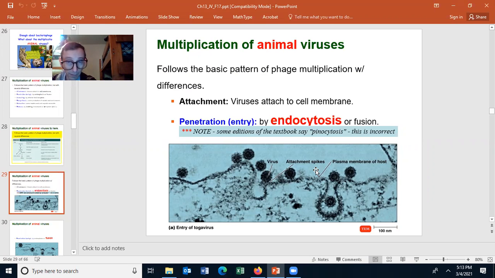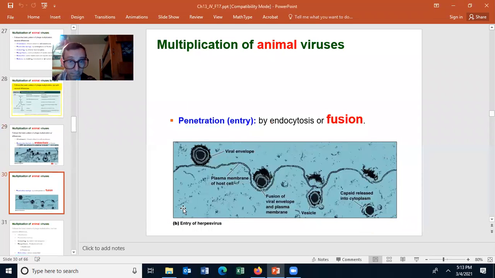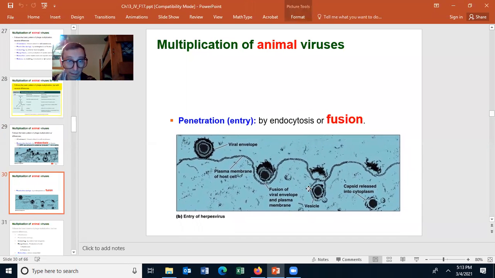This picture is showing you endocytosis, and earlier editions of our textbook called it pinocytosis. If you happen to have an earlier edition of the textbook, you should make a note that this is not correct. It's by endocytosis, where the virus attaches to the cell membrane, and then the cell membrane invaginates and invaginates extremely, and then this will break off and come inside the cell.